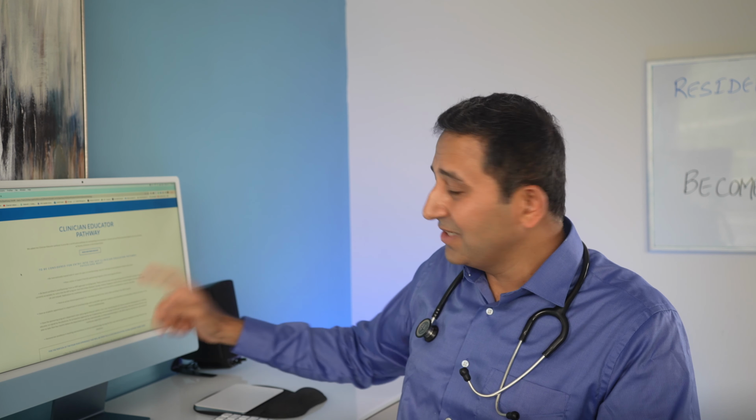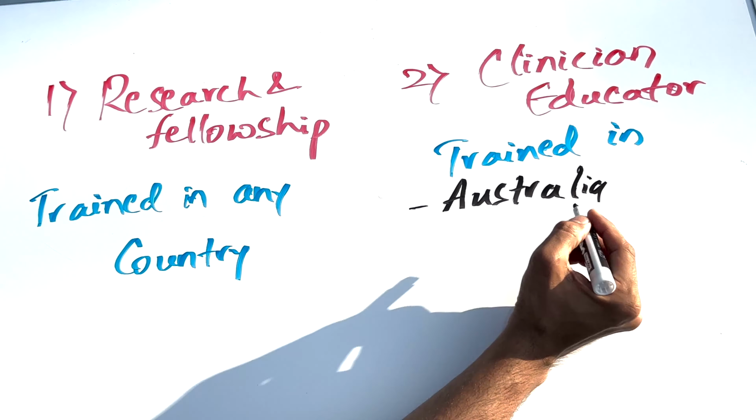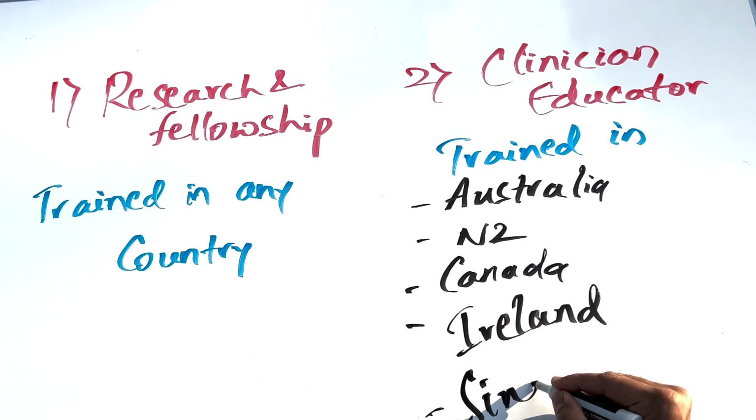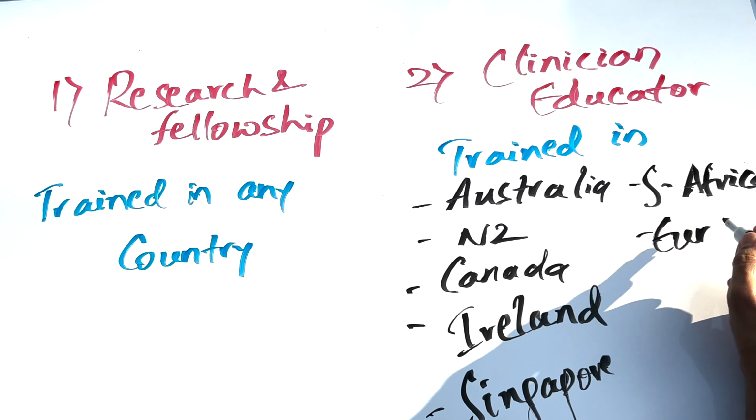The CE, as I said, stands for Clinician Educator pathway. The CE pathway is good for candidates for only certain countries. This includes, the list is here, Australia, New Zealand, Canada, Ireland, Singapore, South Africa, UK, Europe.